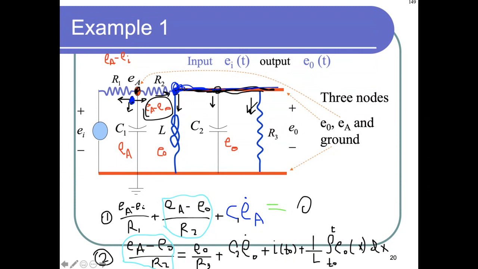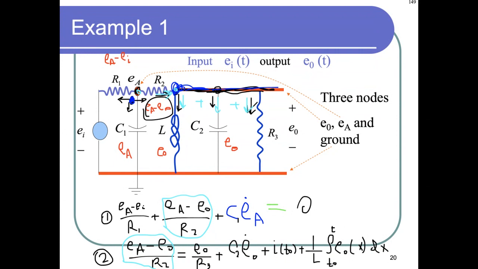Okay. So we have to sum all, so the current through R2 is the same as this one plus this one plus this one. The current through R2 is simply EA, the voltage here, minus the voltage here, E naught, over R2.